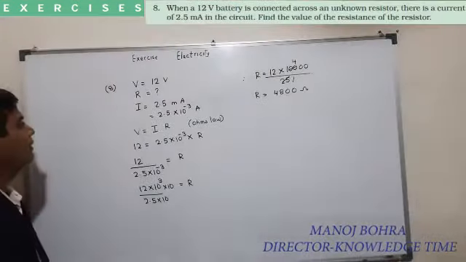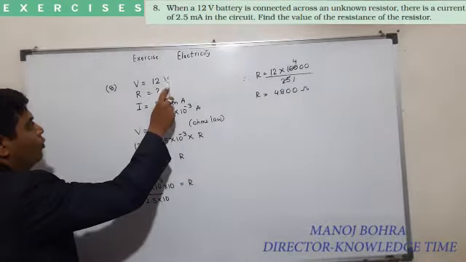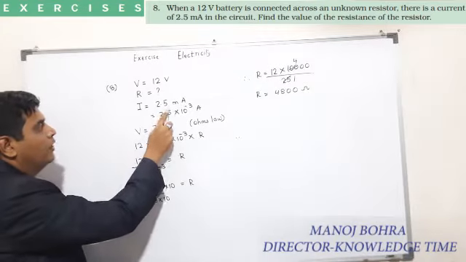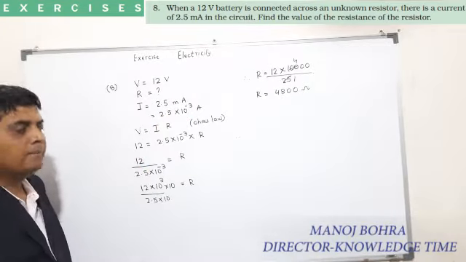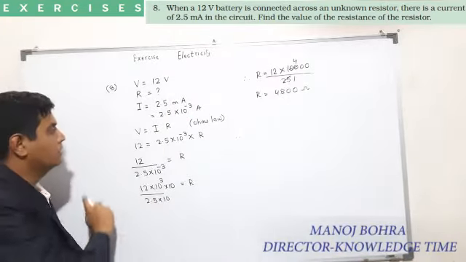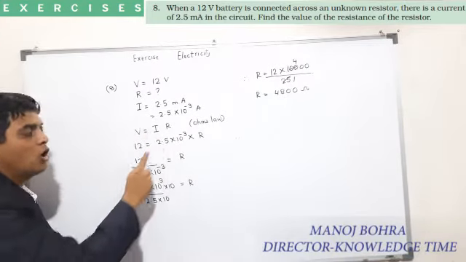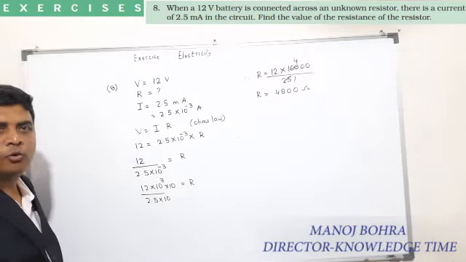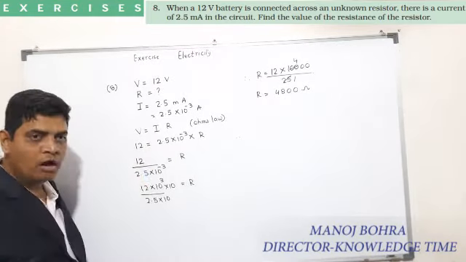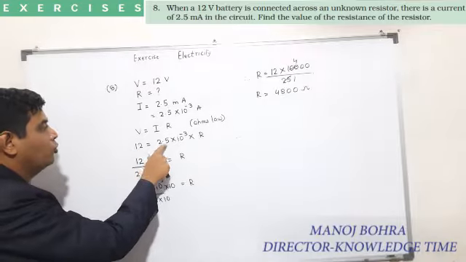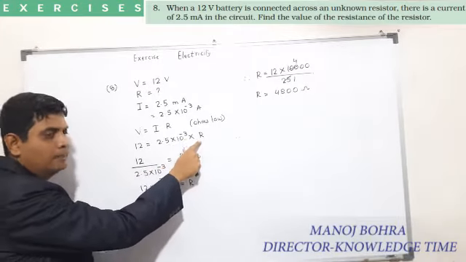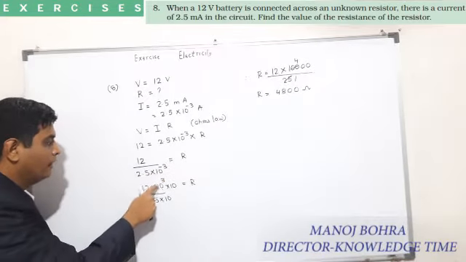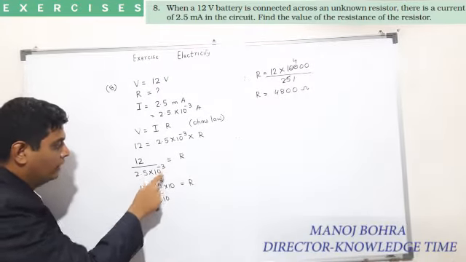Let us look at the 8th sum. Voltage is 12 volts, resistance is unknown, I is given as 2.5 milliampere. Milliampere is 10 raised to minus 3 amperes. So voltage, you know Ohm's law, V is equal to I into R. So 12 is equal to 2.5 into 10 raised to minus 3 multiplied by R. You want the value of R, this comes on the other side. 12 divided by 2.5 into 10 raised to minus 3.